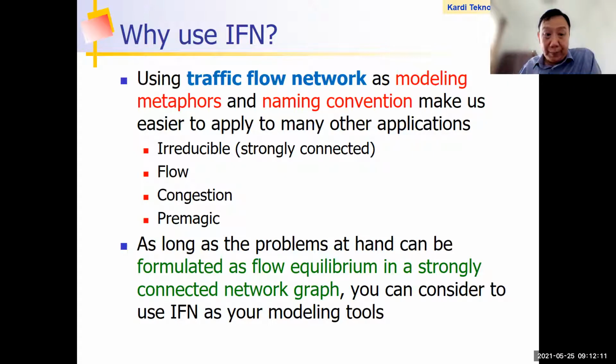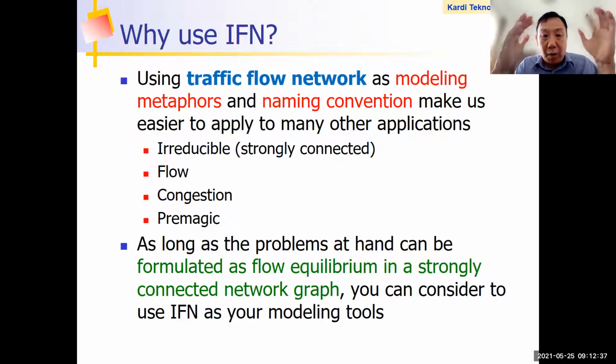As long as your network is irreducible or strongly connected, you define your own definition of what is flow, and later on we will have the capacity, and the flow divided by capacity is equal to congestion.